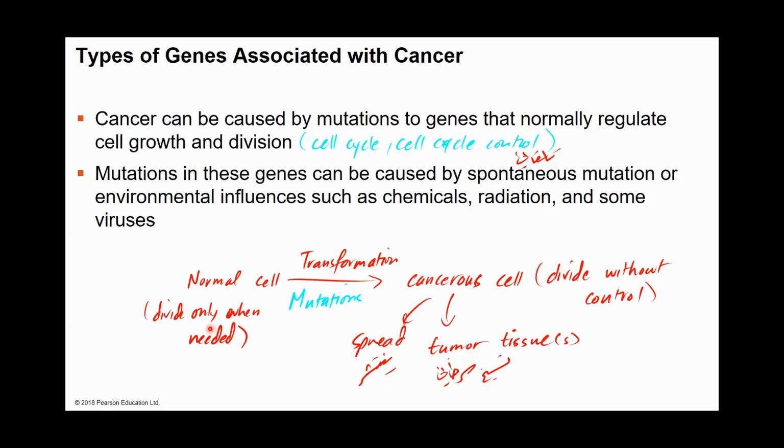But the idea here is that some normal cells appear not to be dividing, but they have the capacity to divide when they are needed to divide.